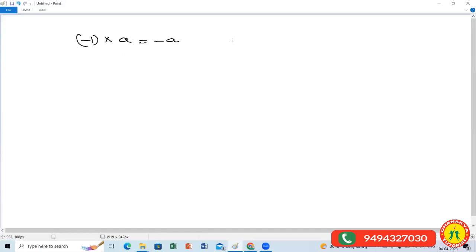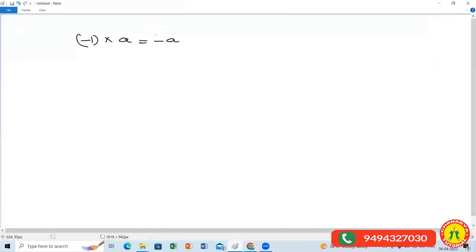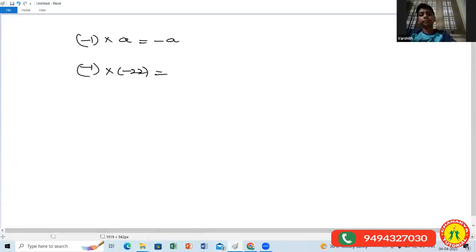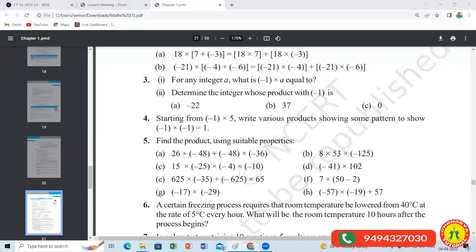Right. There are a few questions here. Product with negative 1 into minus 22. Negative 1 into negative 22. What is the result, children? Positive 22. Very good.